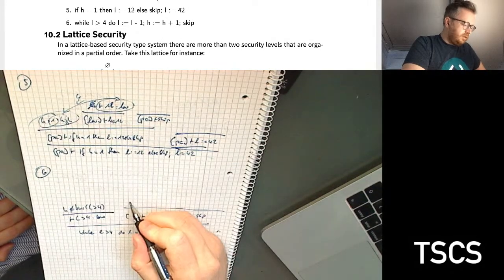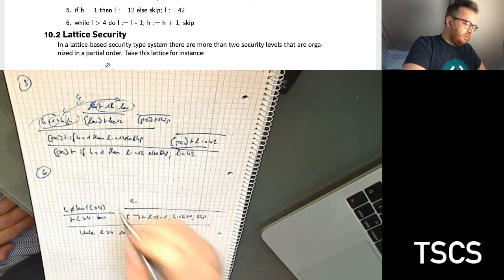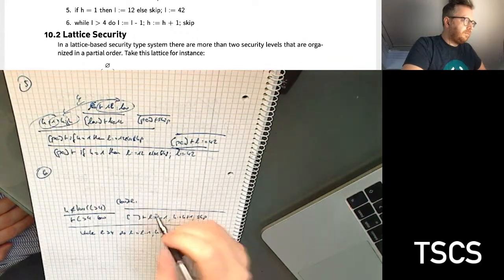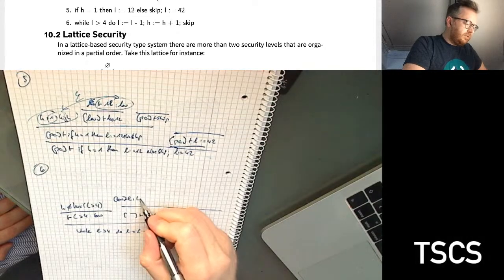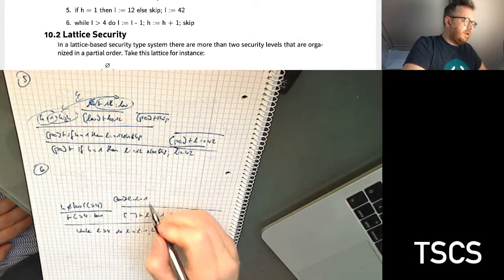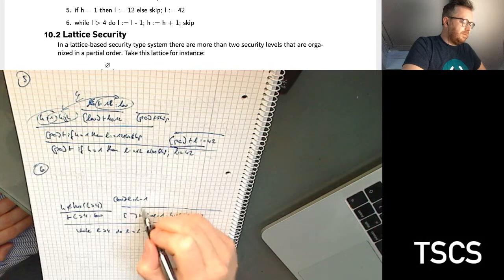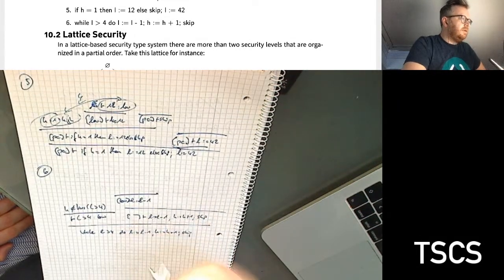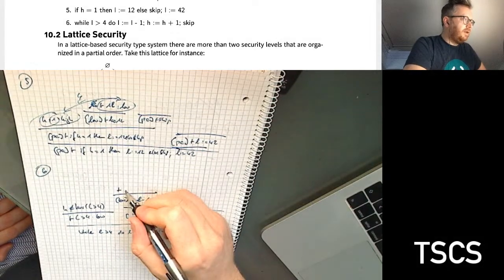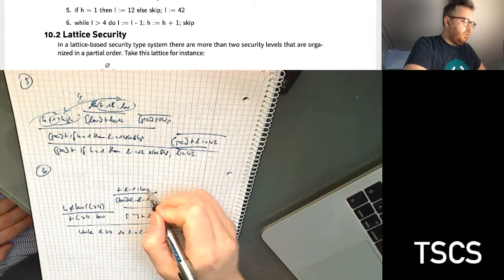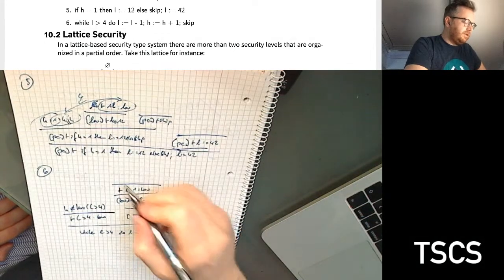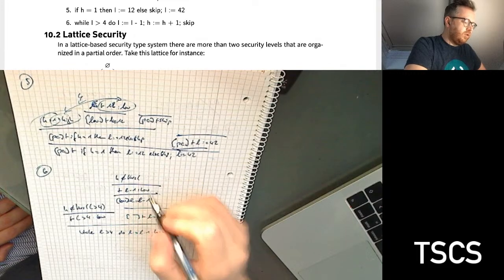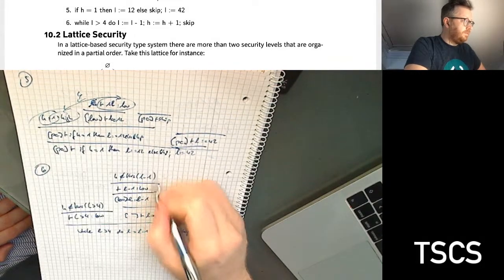There we have an assignment to low, so this must be in the low context. So L is assigned L minus 1. Remember, low assignments need to be in the low context. And this can happen when L minus 1 is low, and we can show this by saying H is not in the variables of L minus 1.